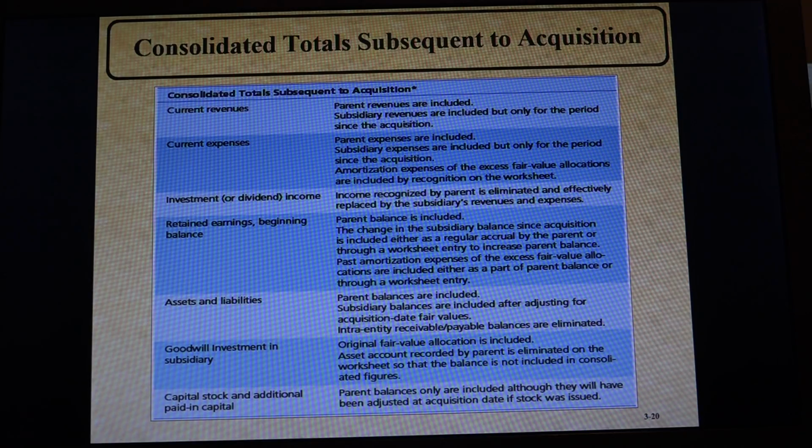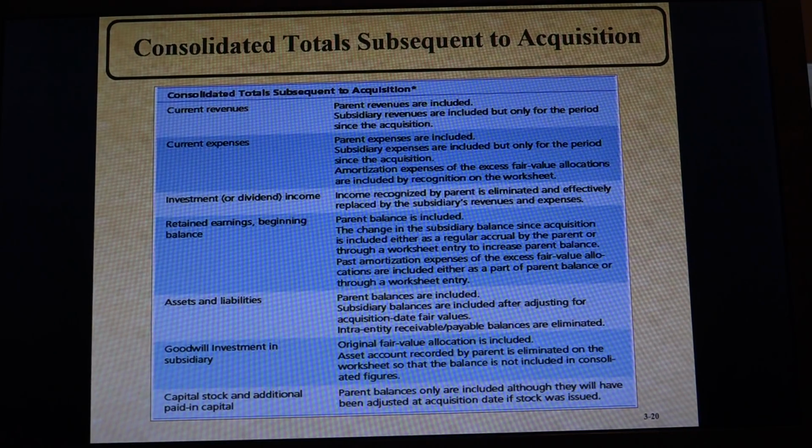And then A, as I was talking about, your credit's 179, and what you're going to do is allocate to the various assets of the sub. So you've got your trademark, 20,000, that stays the same, no amortization. Goodwill, 80,000, that stays the same.